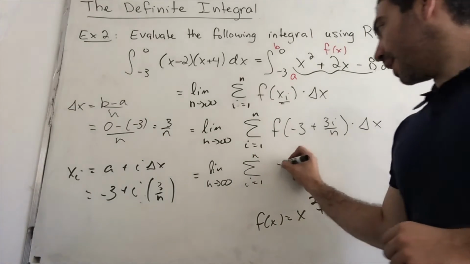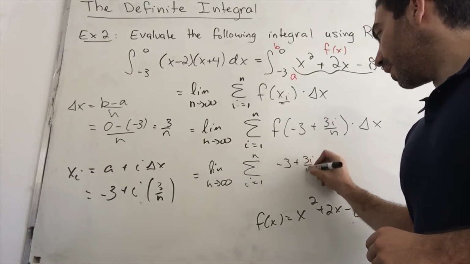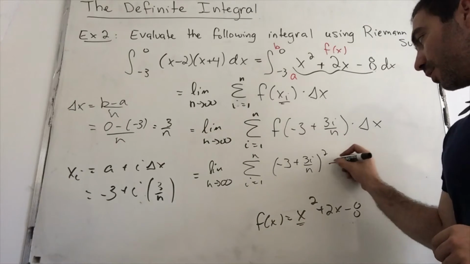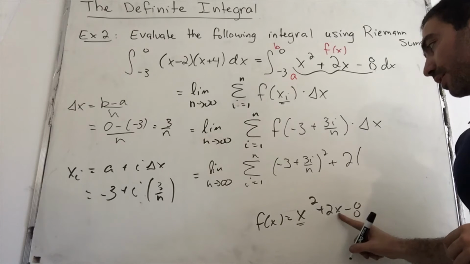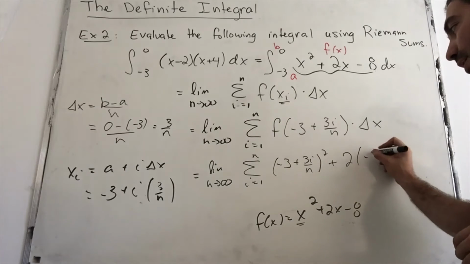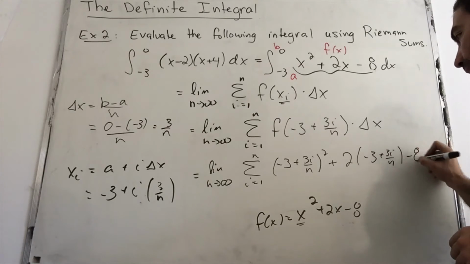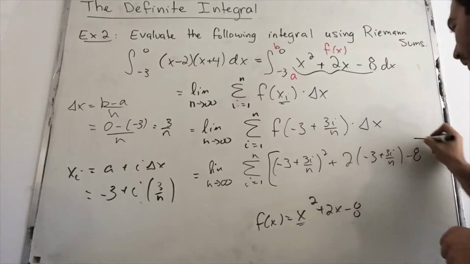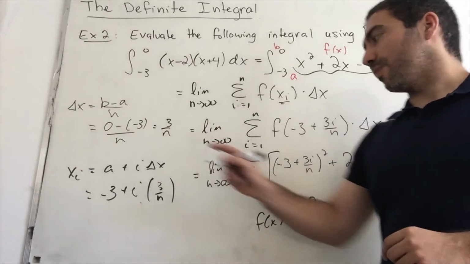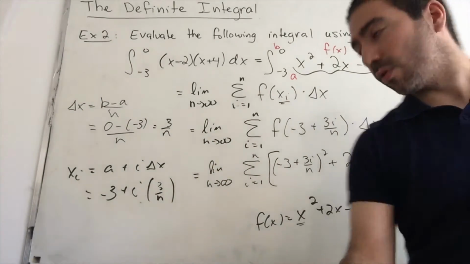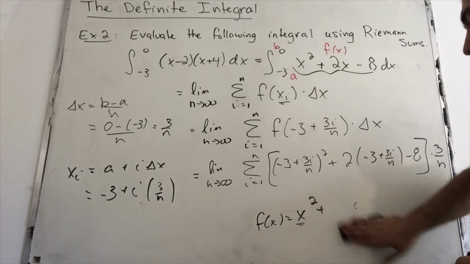What we get is -3 plus 3i over n, all this squared, because the first term is squared, plus 2 times, instead of x, we're writing what's in the bracket again, -3 plus 3i over n, minus 8. And all this multiplied by delta x. And we know delta x is 3 over n, so times 3 over n. Okay. And now we have to go ahead and simplify this.